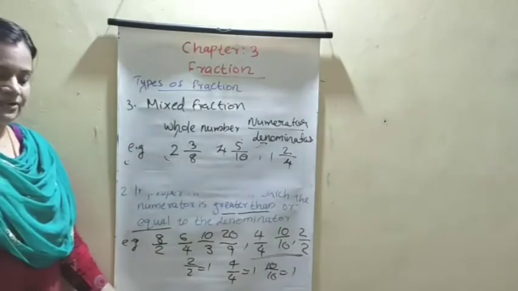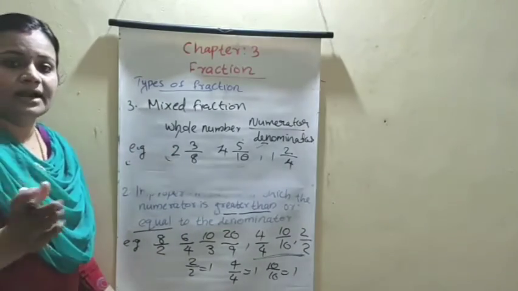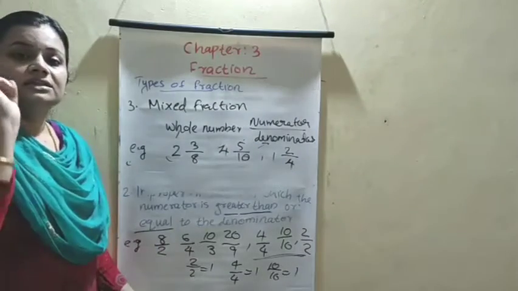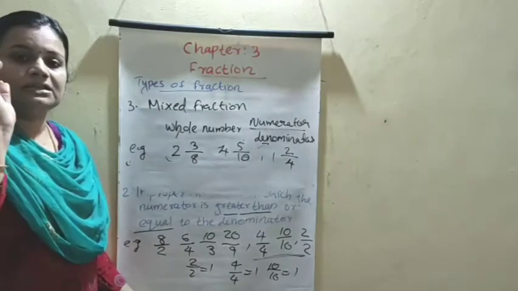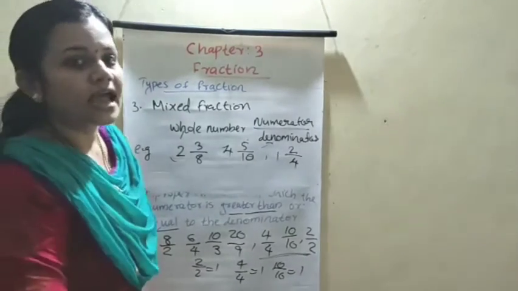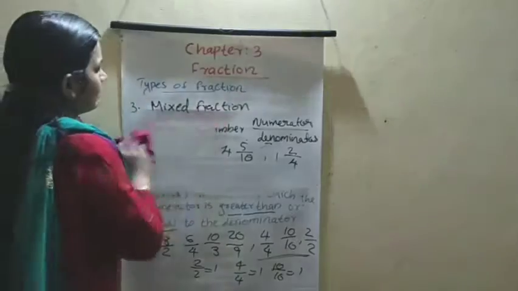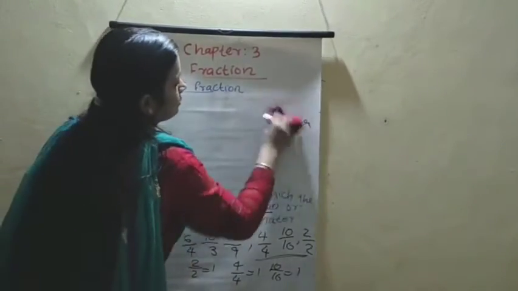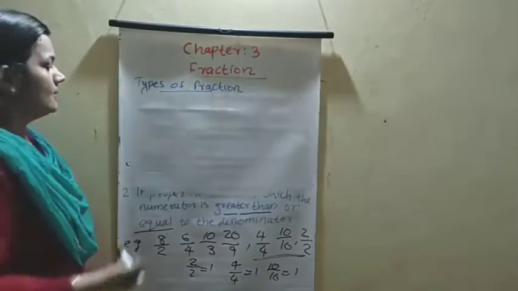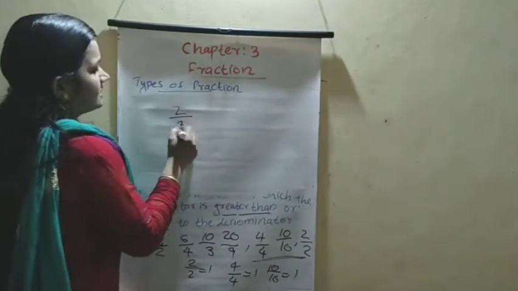So you do one thing, you take your notebook and write 3 improper fraction examples and 3 mixed fraction examples. I will write 1 or 2 examples here. You just identify whether this fraction is mixed, proper or improper. 2 by 3.